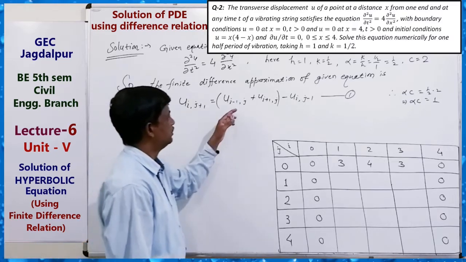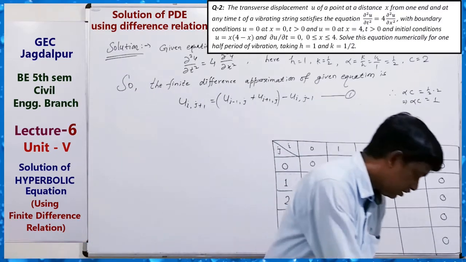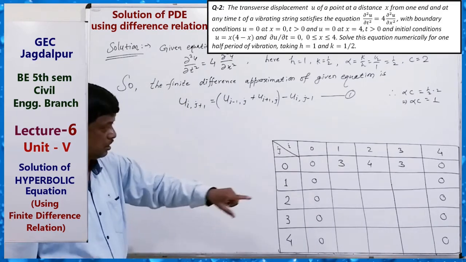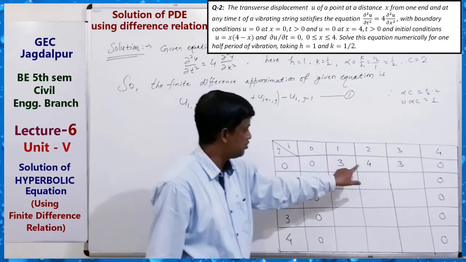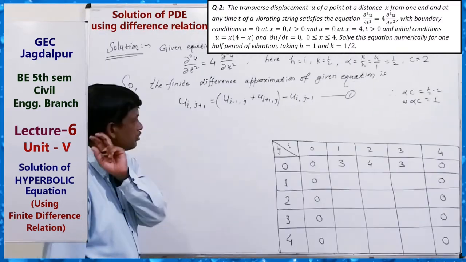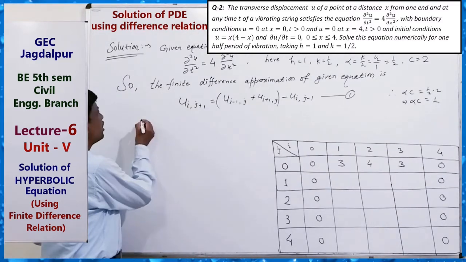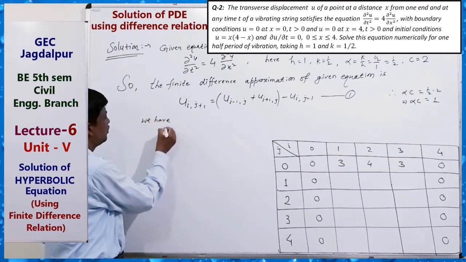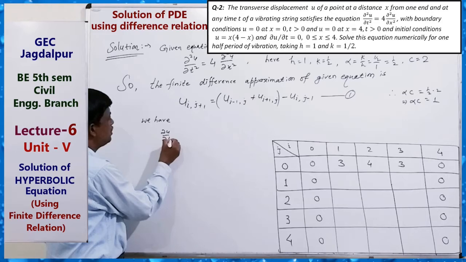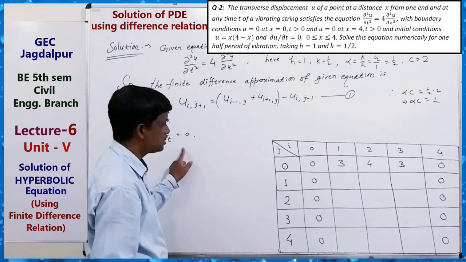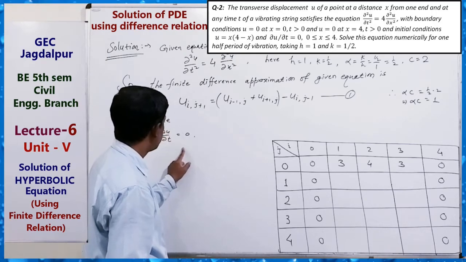Okay, this is the formula. Now the second initial condition. From the first initial condition we get these values. Okay, the second initial condition. Here we have del u by del t equals 0. The second initial condition is this. Clear?